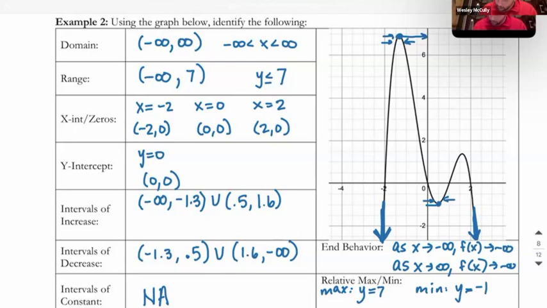Okay, now we have one more, this one right here. And again, to the immediate left and right, the graph is lower than that point. So that point is a relative maximum. Looks like that is at about 1.4. So y equals 1.4. Okay, that's the concept C notes for unit 4C.